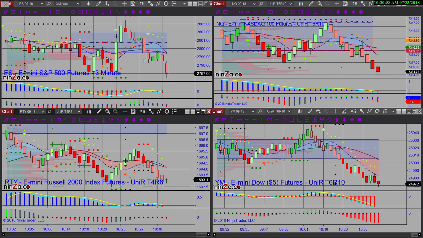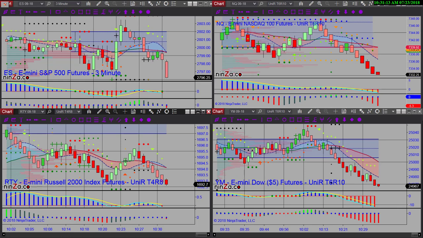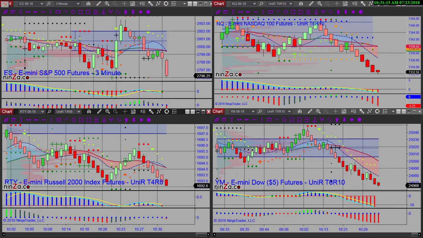The NQ did penetrate that level. Let's wait and see if we get the bounce. Sometimes we do, sometimes we don't. It looks like we're not going to get it this time. Well, maybe we will.